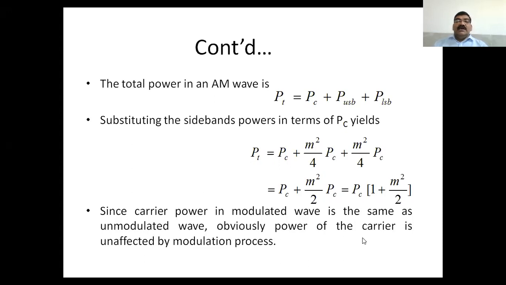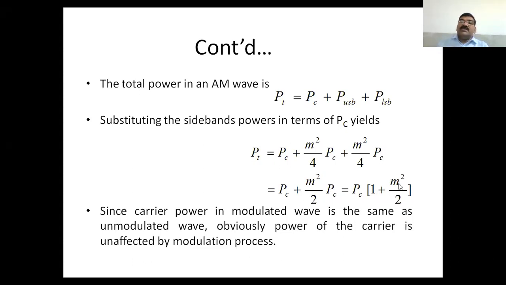Since the carrier power in the modulated wave is the same as in the unmodulated wave, obviously the power of the carrier is unaffected by the modulation process. So you can say that the power in the carrier is unaffected by the modulation process.